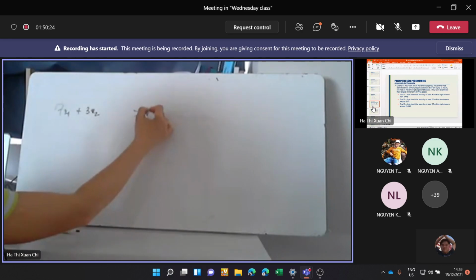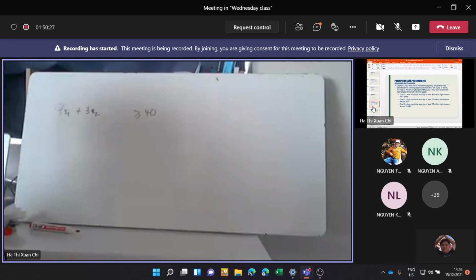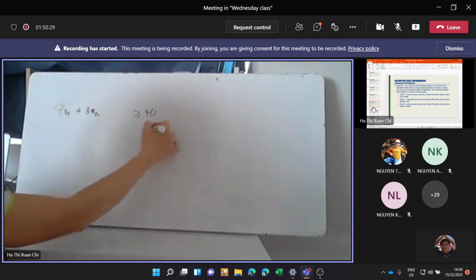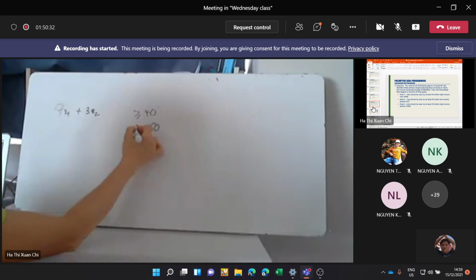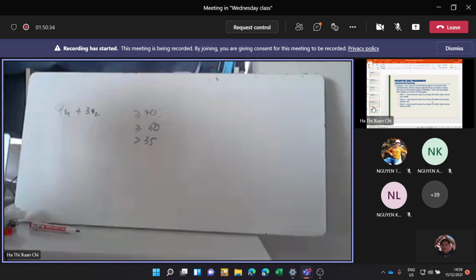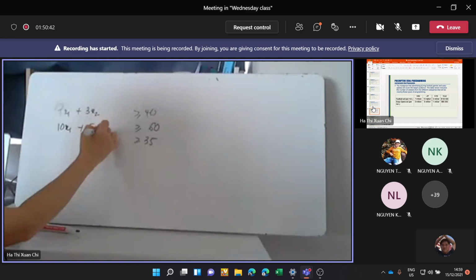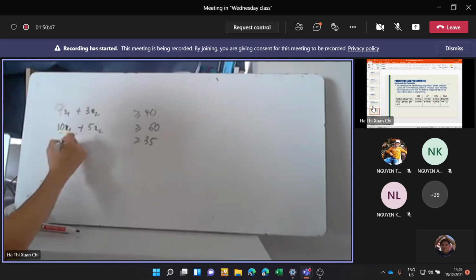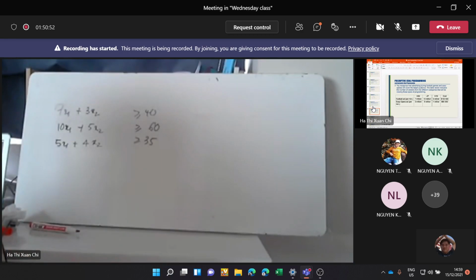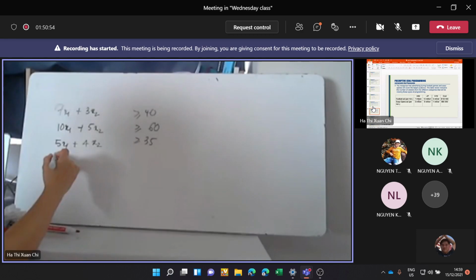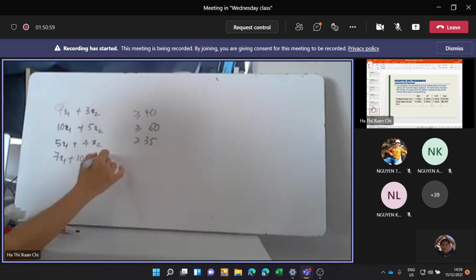At least is greater than or equal to 40. And 60, that is also at least. So here you have 10x1 plus 5x2. You have 4x1 plus 4x2, right?